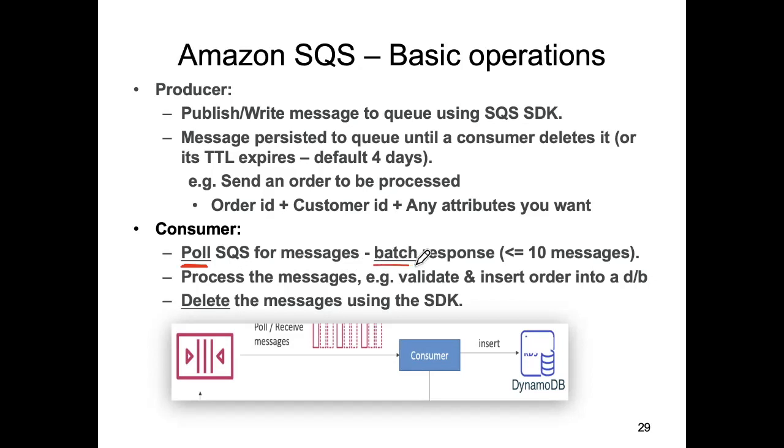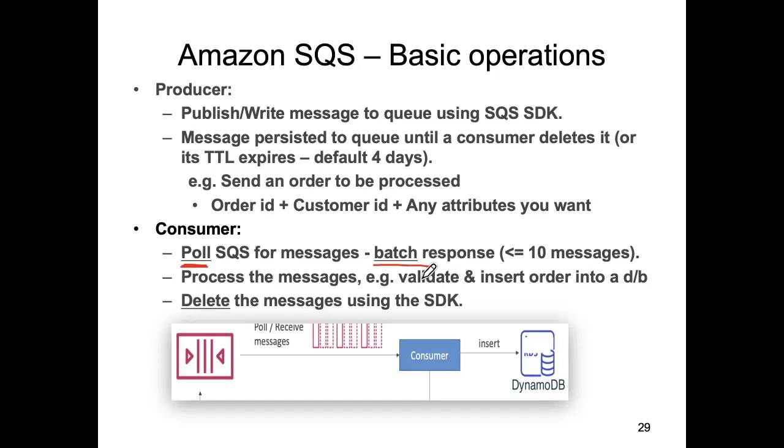It receives a batch of messages. Even if there is only one message, that will be presented in the form of a batch, albeit a batch of one. You need to be aware of that when you're processing the response that you get back from a polling request.